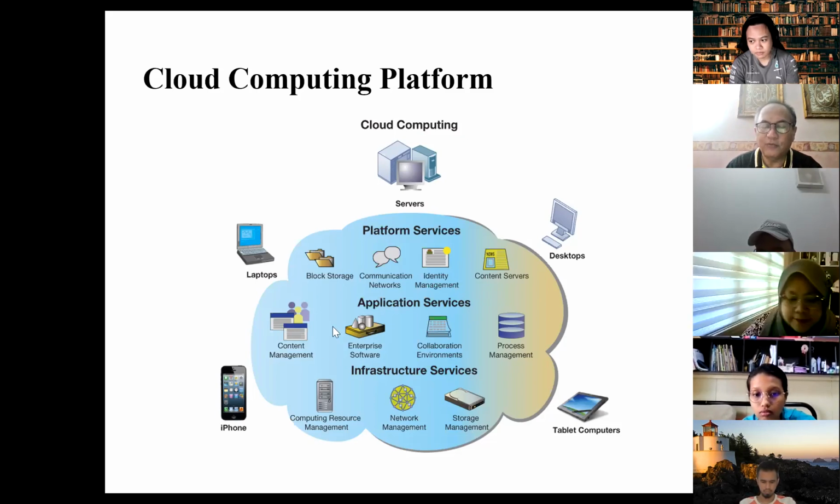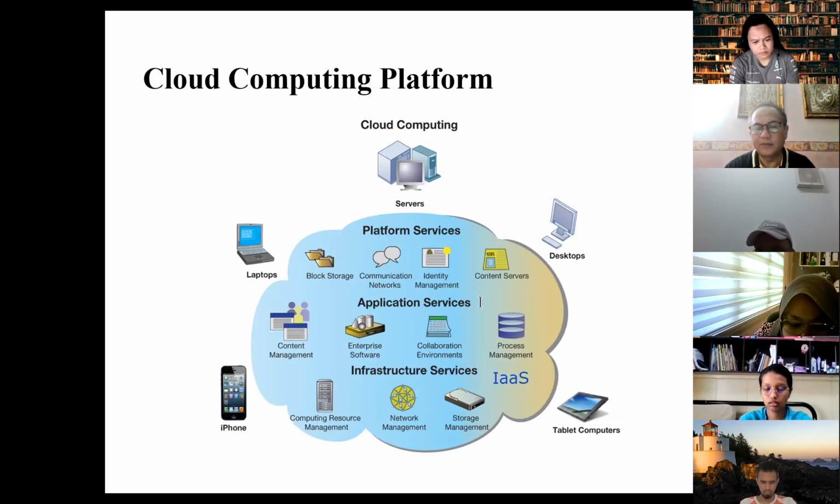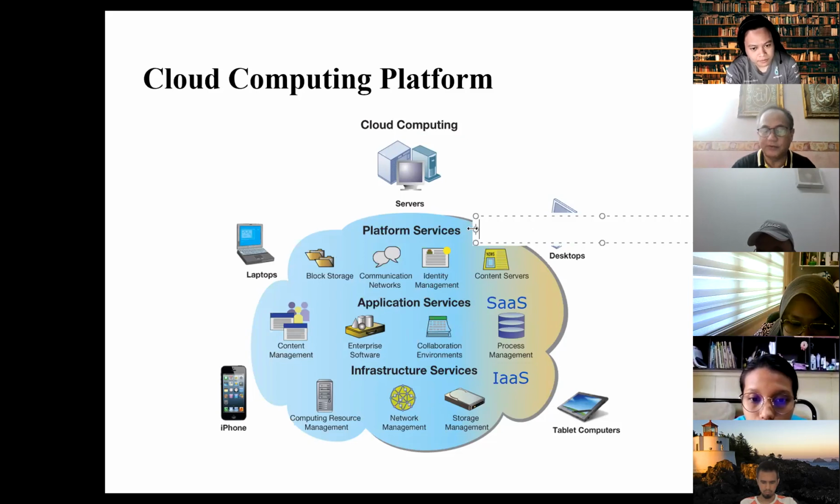And then other software applications, we call it SaaS, software as a service. And then we have platform as a service, PaaS. And then there are many more, database and server and so on, but this is the basic one that we have today.